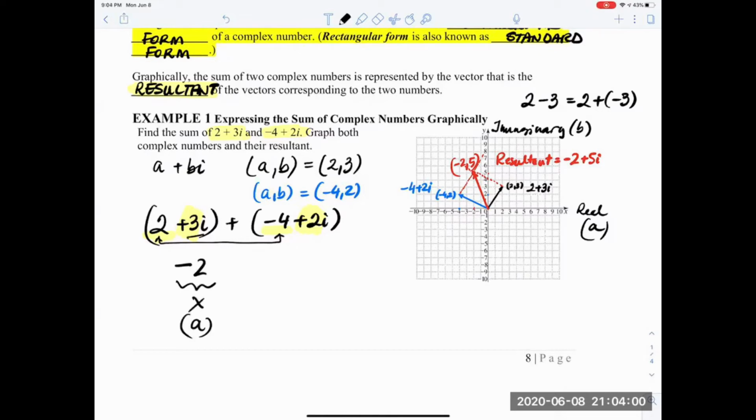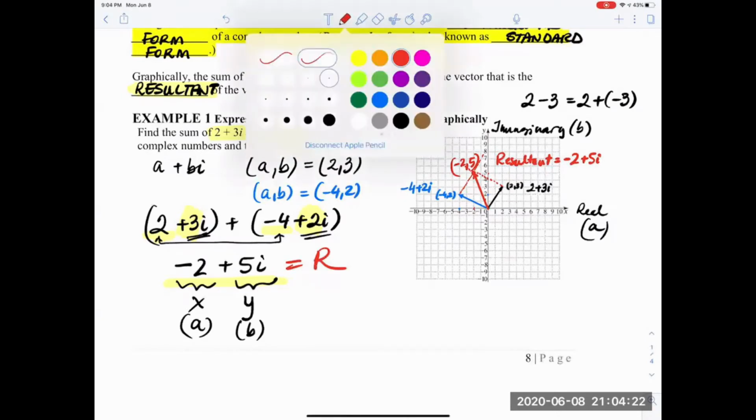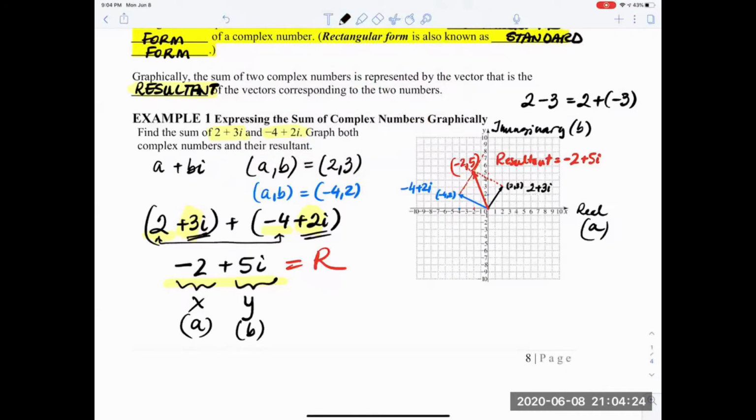And then 3i plus 2i gives you 5i, and that's part of your y-coordinate on this graph, or part b. Hence, the complex number that we got, negative 2 plus 5i, is indeed the result, and I'm going to call it r. So it checks out to be correct based on the graphic method that we did.